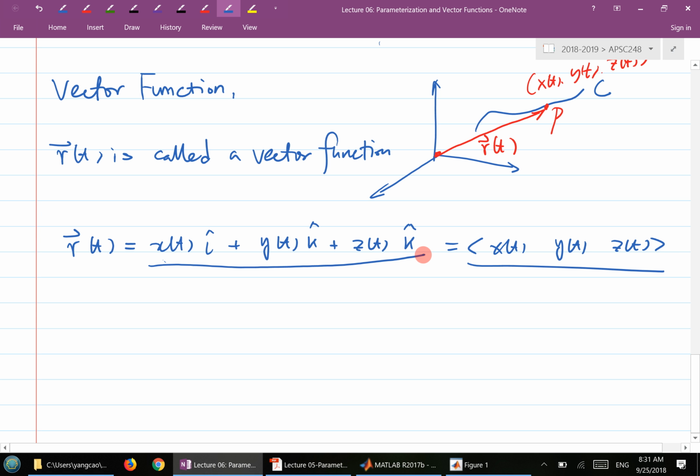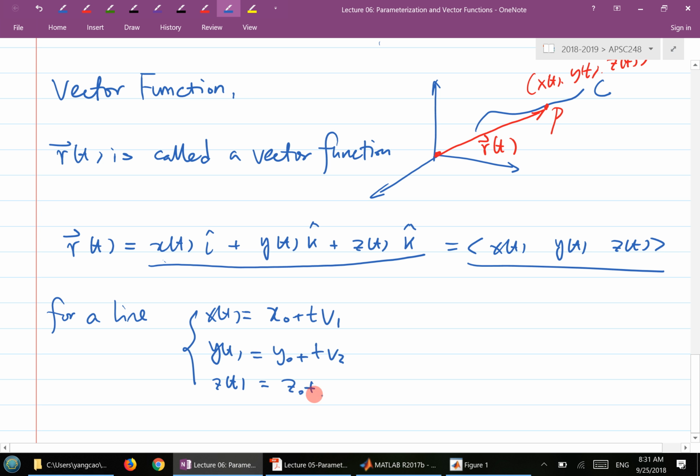So for example, for a line, you can write down the line equation as we typically do. This is how we write our line parametric equation, as three separate equations. Now I can use a vector function to represent this line equation.